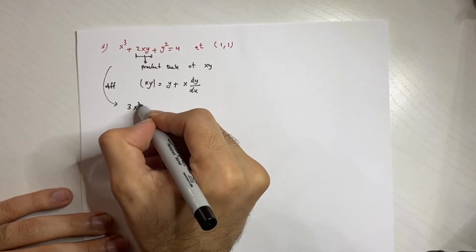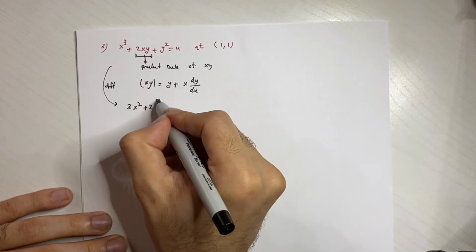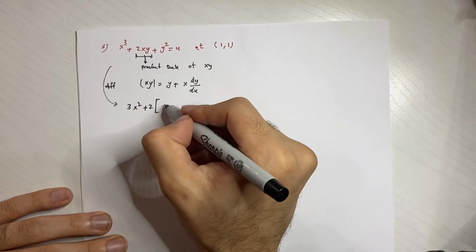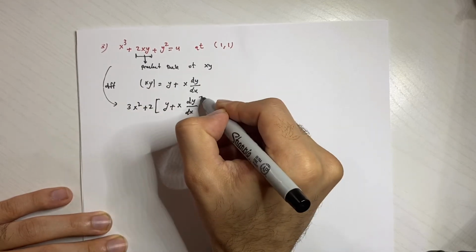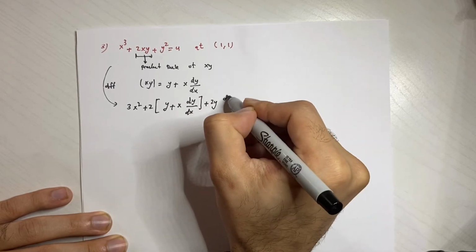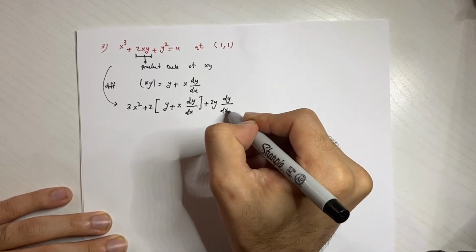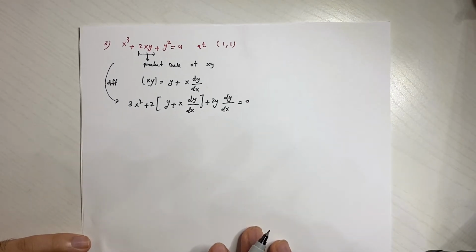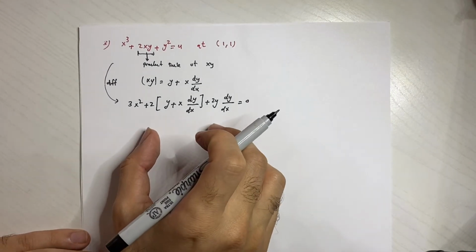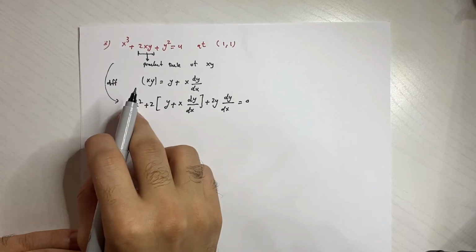So it's going to be 3x squared, and then the product rule, which is y plus x dy/dx, times 2, plus 2y dy/dx, equal to 0. So each time we differentiate y, we have to write dy/dx.